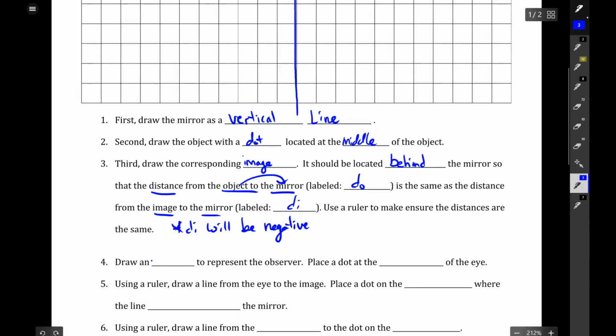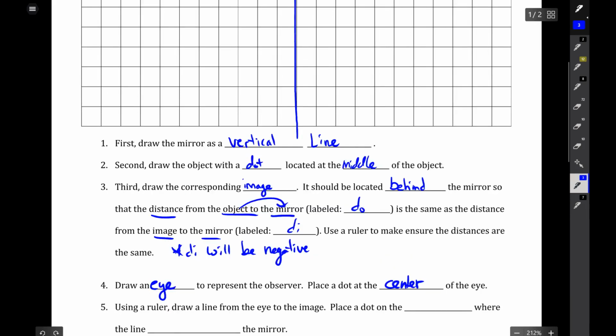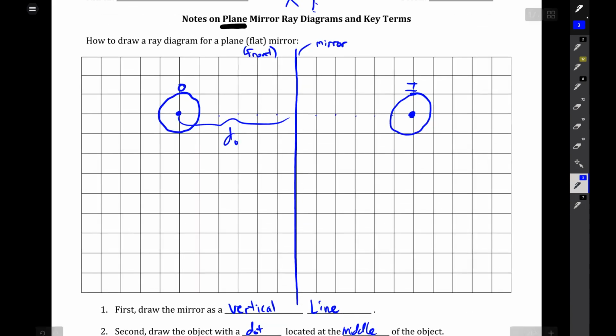Next, what we need to do is draw an eye to represent an observer. And we're going to place a dot at the center of the eye. The students often ask, where do I place the eye? Do I have to place it somewhere? Unless it's given to you, like if you're told that the observer stands an X distance away from the mirror, you can pick anywhere except two places that really don't work well.